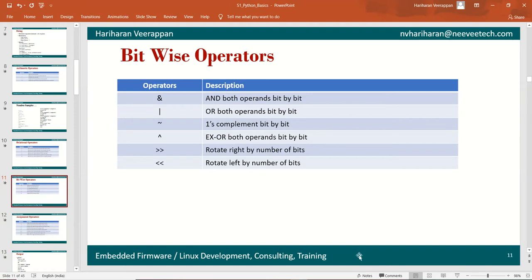And we can use a cap symbol which provides an XOR operation bit by bit between both the operands. The right arrows provide a rotate right operation by number of bits, and in a similar way, the left arrows provide a rotate left by number of bits.